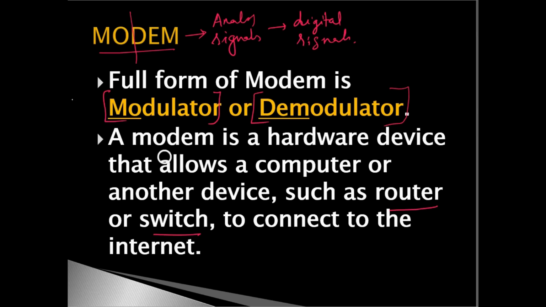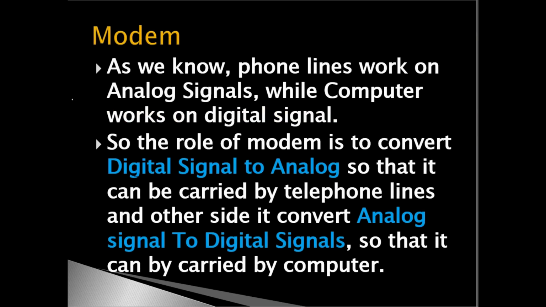This modem is nothing but a hardware device. We all have a modem in our home to connect to the internet, the Wi-Fi connection. It allows the computer or any other device such as a router to connect to the internet. Let us see the next slide under the modem. As we know, phone lines work on analog signals while computers work on digital signals. So we have phone lines in each of our homes, and these phone lines work on analog signals, but the computer works on digital signals.